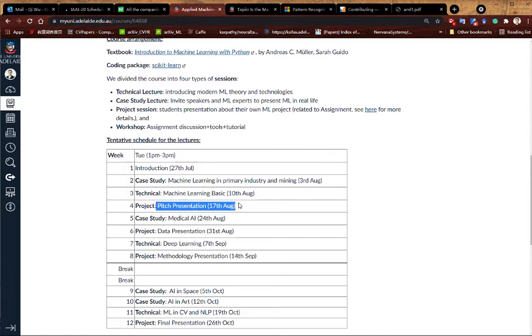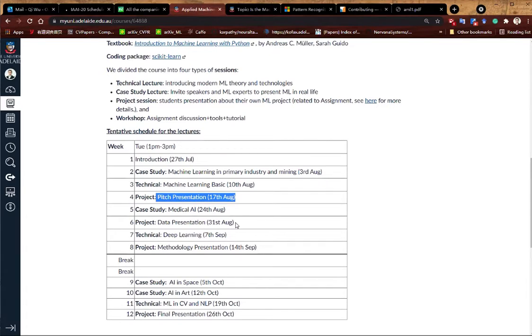Or some machine learning tools have been designed to solve this problem, but they miss this point. I found this gap, and I want to find some algorithm to solve this problem. That's the pitch presentation. You have a 3-minute presentation to tell us what problem you want to study in the next few weeks. So that's the first project session.